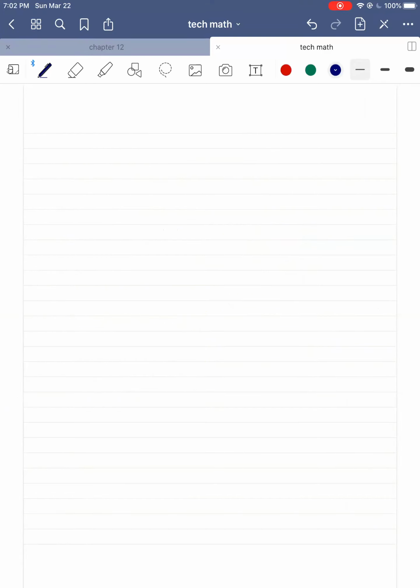I'm going to use that information to build my relationships in my quadrants. For each quadrant, I'm going to put sine, cosine, tangent.